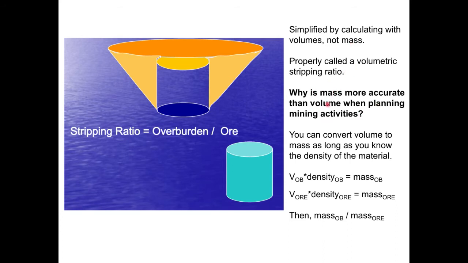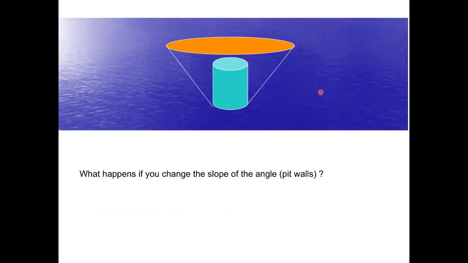So that's why it would actually be more accurate than volume to use mass. But you can leave the details behind. Just remember that mass is more accurate than volume when planning mining activities because it's the mass of ore rock and overburden in the truck that factors into the overall cost of operations and maintenance of those trucks.